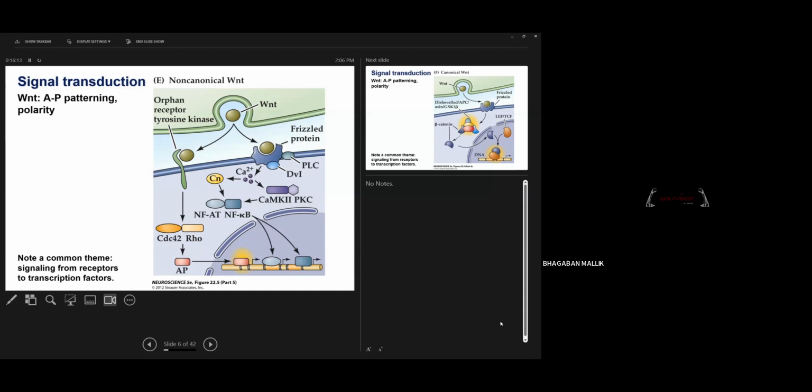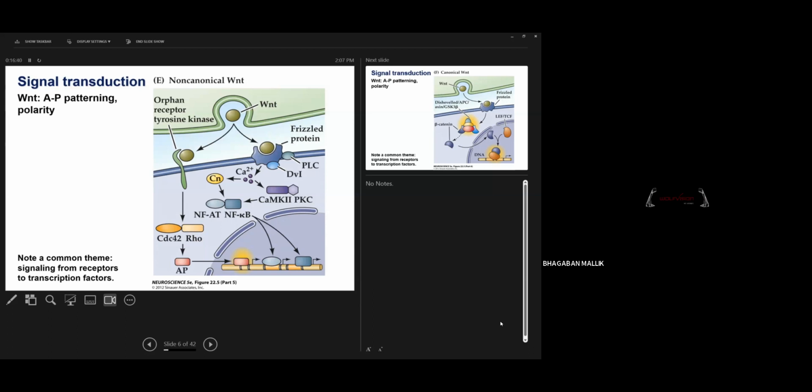What happens here is the Wnt ligand binds to the Wnt receptor, that is the Frizzled receptor, or it can also bind to the orphan receptor tyrosine kinase, and it initiates the downstream signaling cascade, which results in an increase of intracellular calcium. When you have an increase of intracellular calcium, it does many things.